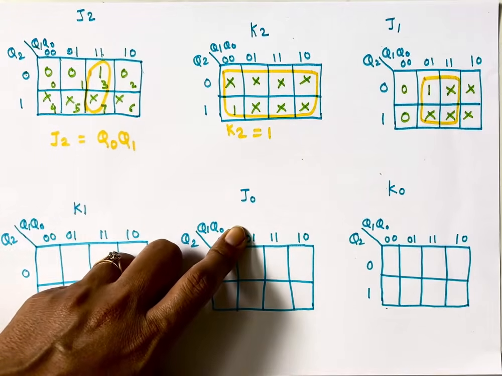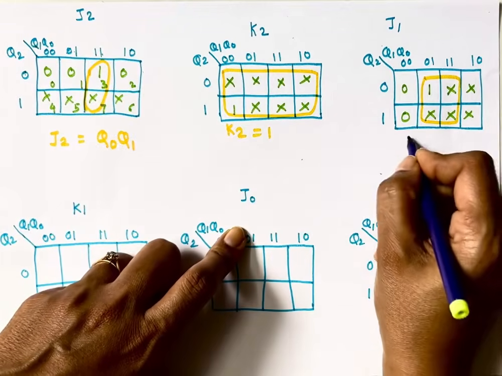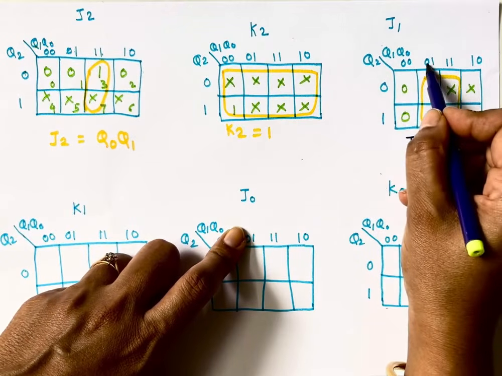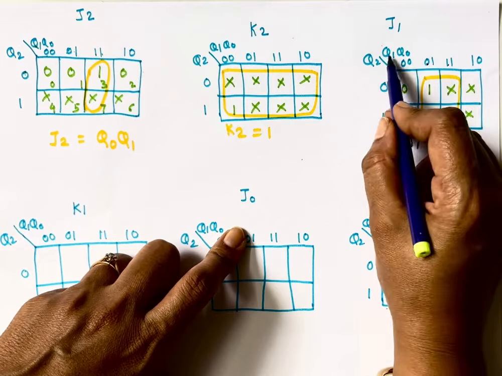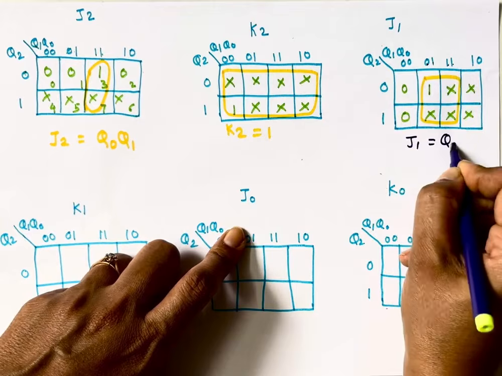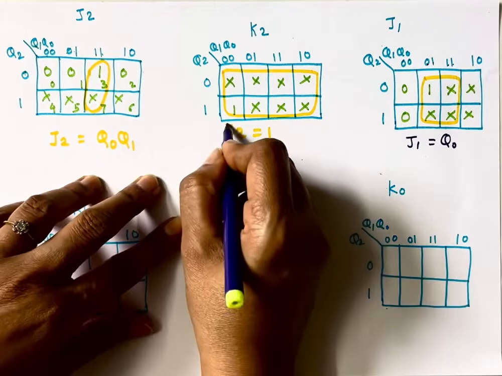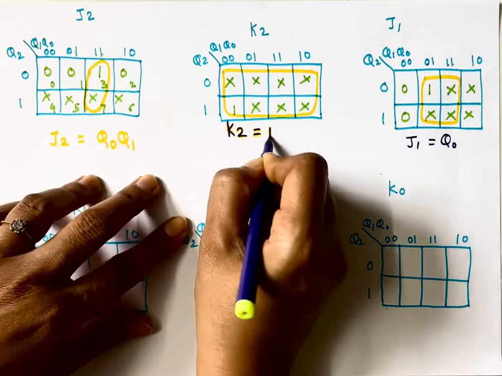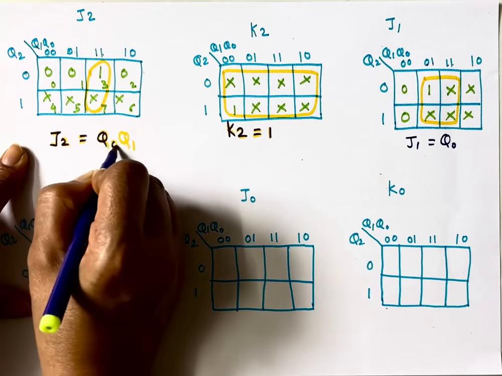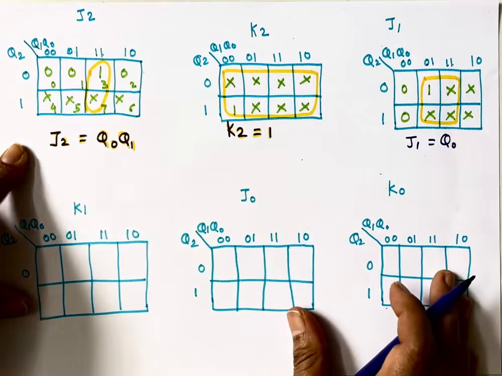So the equation becomes J1 equals, what is common in these two? Q1 is 0, 1, so we will not consider Q1. Q0 is 1 here and here also it is 1, so it becomes Q0. Here K2 is 1 and J2 is Q0 Q1.